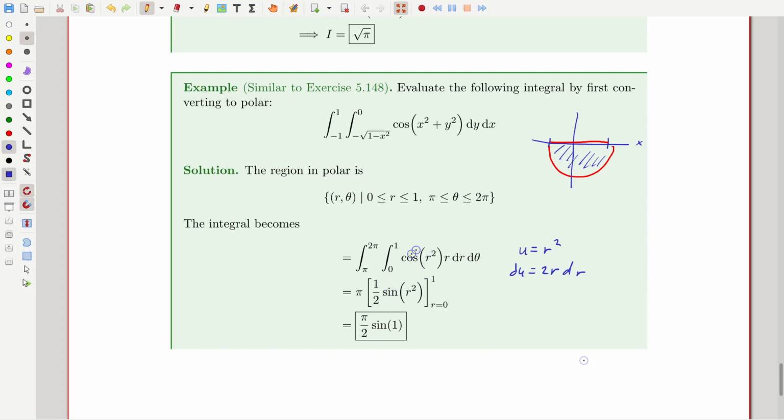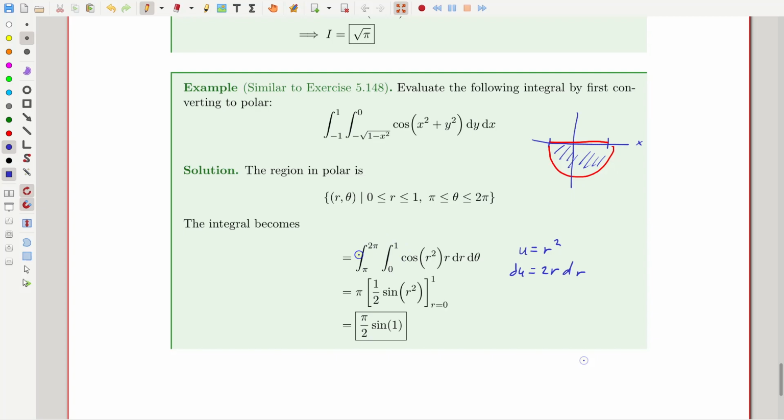You can then proceed to do the integration, and then if you do the back substitution, you end up with this expression, 1/2 sine of r squared. So this is the integral of this. And then you'd evaluate this from r equals 0 to 1. I should also mention that this pi came from splitting this, right? You can see this is a polar rectangular region.